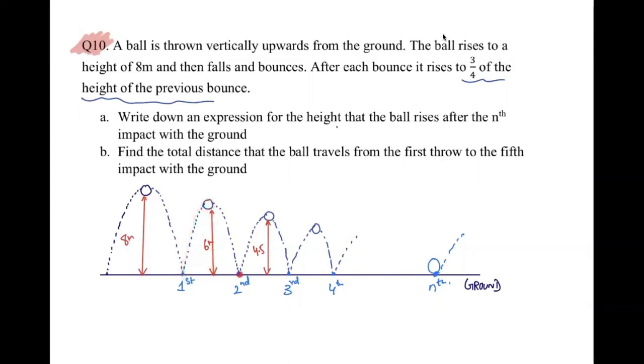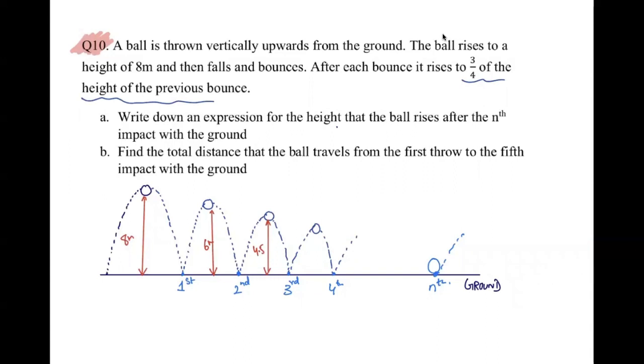What is the height after the second impact? 4.5. Okay. Similarly, you have to find the height after the nth impact. So we need to come up with the expression.